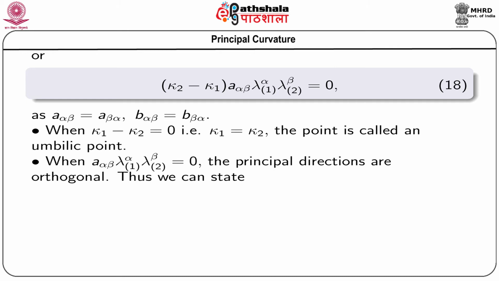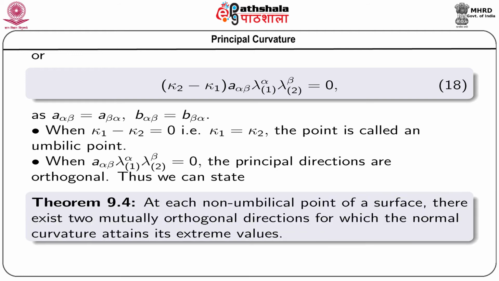Thus, we can state the theorem that at each non-umbilical point of a surface, here we are considering the non-umbilical point, because kappa 1 is not equal to kappa 2. When kappa 1 is equal to kappa 2, we are getting an umbilic point on the surface.